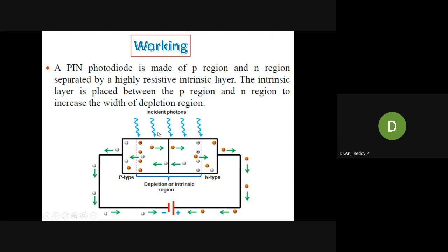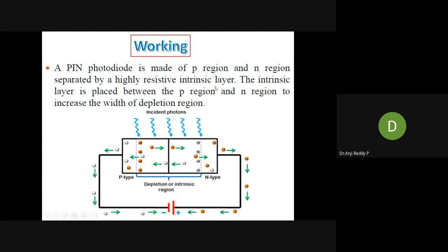Right. Now we can observe a pin photodiode is made of P region and N region separated by a highly resistive intrinsic layer.